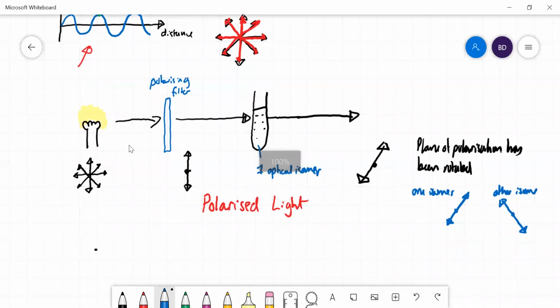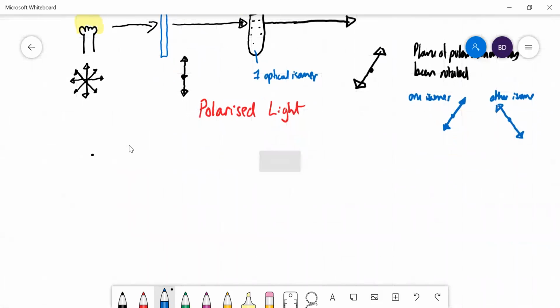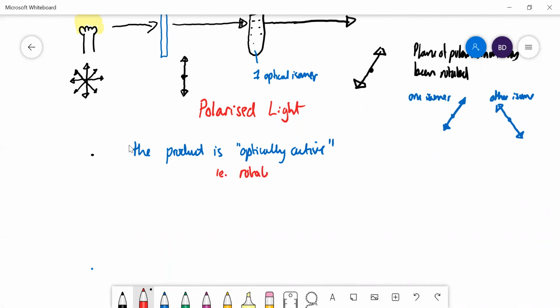Right, now a few little jargon words. You might see something like: the product of the reaction is optically active. What does that mean? It means, in other words, that it rotates the plane of polarization.